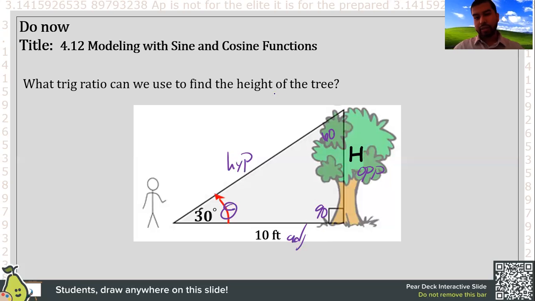Okay, so from here, guys, what we're gonna go ahead and do is find out what trig function can we use given that we have an angle theta, we have a length for my adjacent, and we have a length for my height, which is our opposite. So we know sine, we know cosine, and we know tangent.